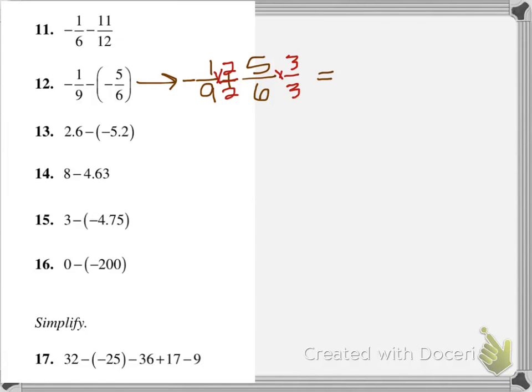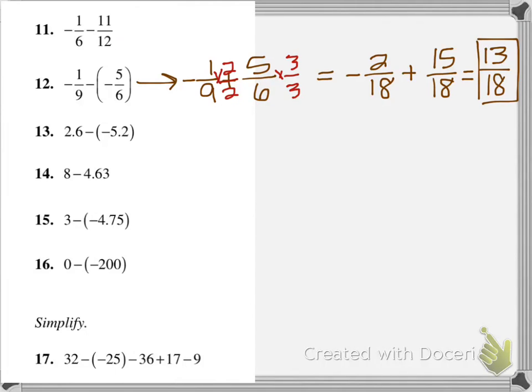So I'm going to get two brand new fractions. My first one, 1/9 times 2 over 2, is going to be 2/18. Remember, it's negative. And then 5/6 times 3 over 3 is going to be 15/18. So I keep my denominator. My numerators are a negative 2 and a 15, so I actually subtract, keep the sign of the larger, so 13/18 positive would be my answer.